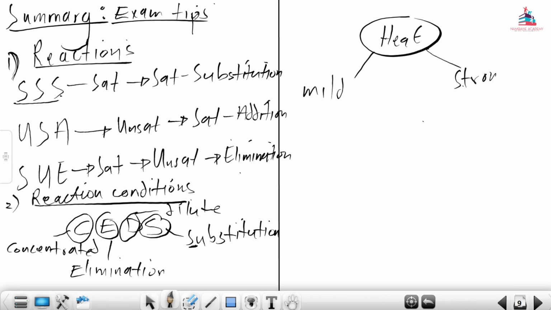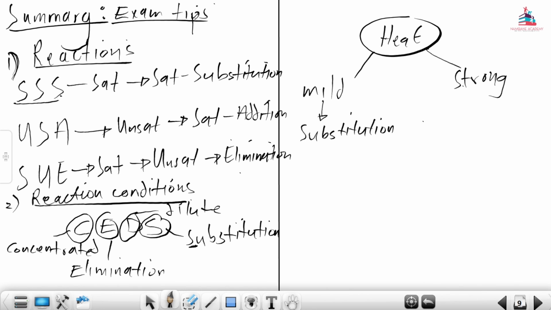And your skin will try to reproduce a new layer of skin. So that is mild heat. So it's analogies that we are using. So it means if we are going to work with mild heat, that must be substitution. It's mild, you burn your finger on the stove. In few days, the layer of your skin has peeled off, and then the skin is trying to reproduce another layer of skin. It's substitution.